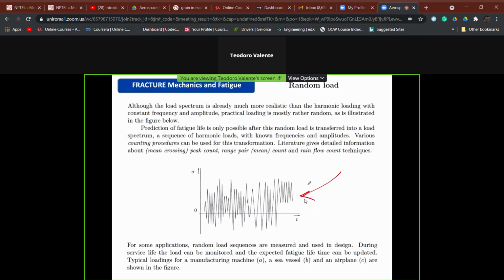We can also have, obviously, experimental evidence of these random loads and then treat it in order to transform it into a sequence of harmonic loadings.